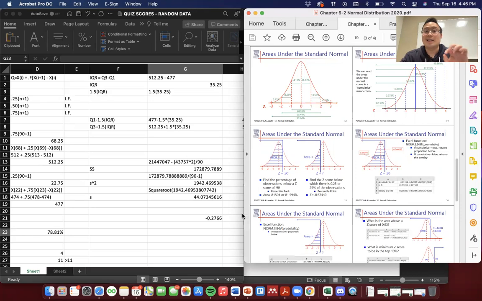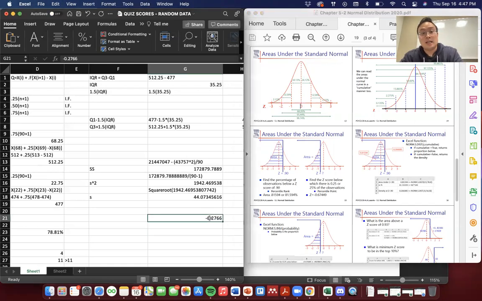But it's -0.2766, so we're close to the mean. If I had to guess, I would say we're maybe 41st or 44th percentile, just based off the fact that I know the z-score and I'm familiar with the standard normal distribution. Just seeing this, I can think, okay, not bad, close to the mean.